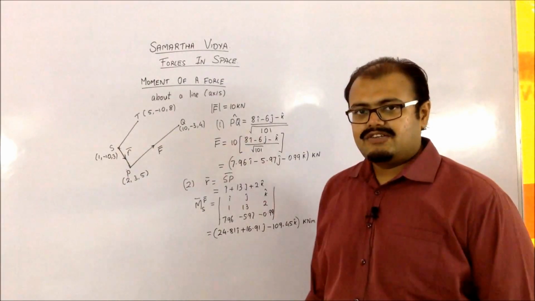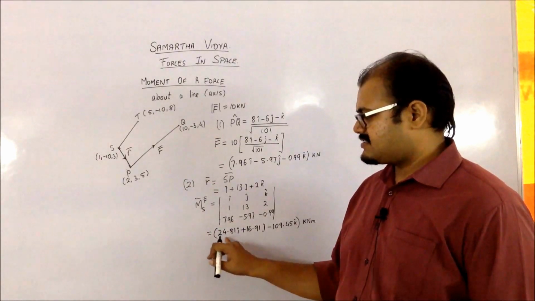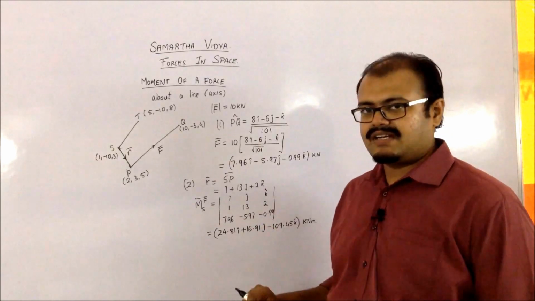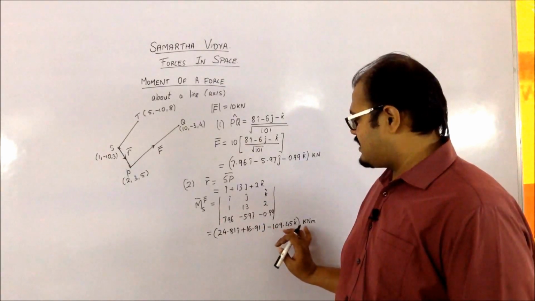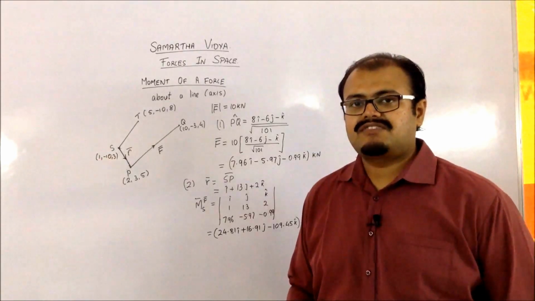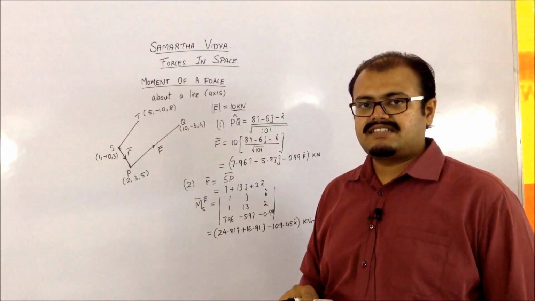So you will be getting your moment about the point S for the force F bar as 24.81, 16.91 and minus 109.45. That is going to have the unit kilonewton meter, because you have to remember they had given that the force is in kilonewtons.